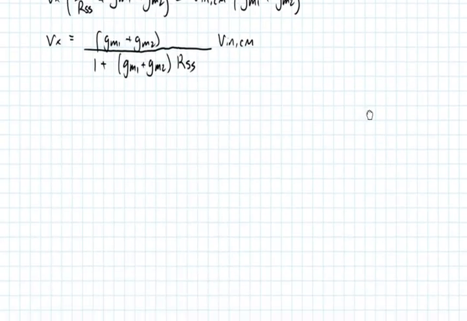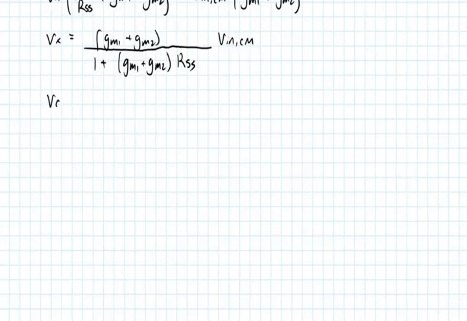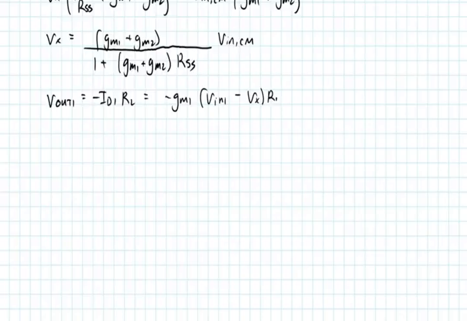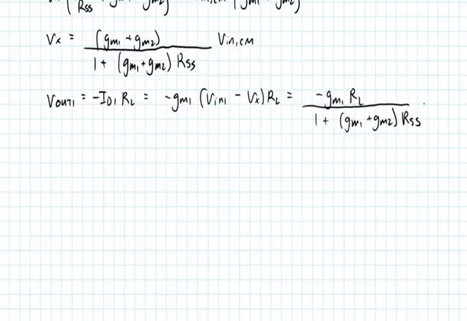So anyways, now that we have Vx, we can go ahead and calculate Vout1, which is equal to minus ID1 times RL. That's equal to minus GM1 times (Vin1 minus Vx) times RL. We can substitute Vx in there, and what we get is minus GM1 RL, all divided by (1 plus (GM1 plus GM2) RSS), times Vin,CM.